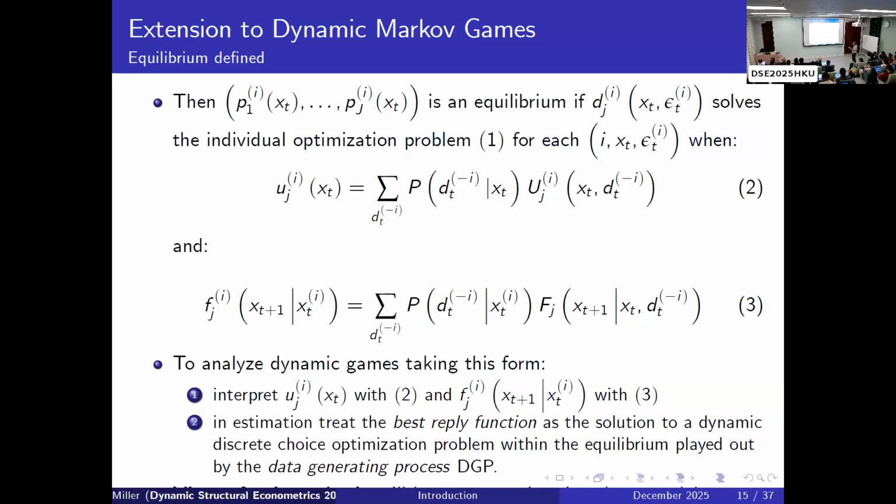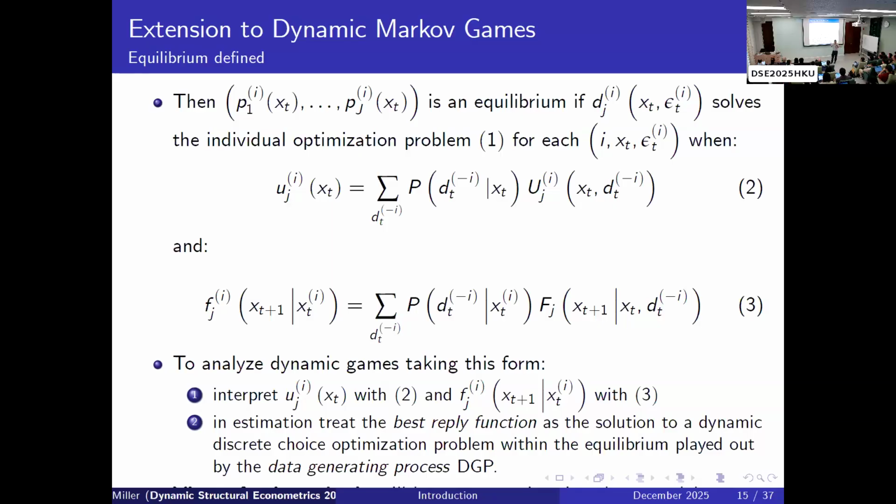They're maximizing their surplus function. When we define the little utility now as being equal to the expected utility that I get from taking action J, I'm Mr. I, when the industry variables are XT and other people make these choices. I don't see their epsilons, okay? I only see my epsilon.